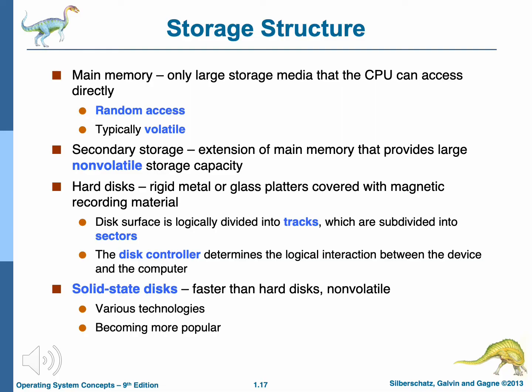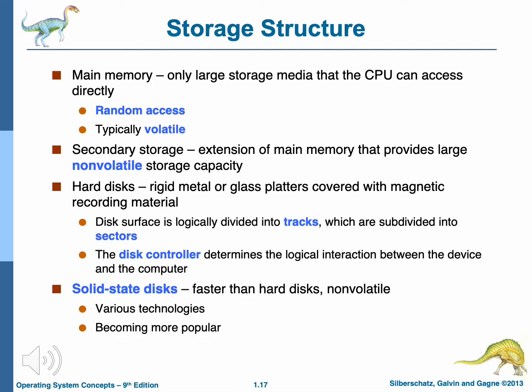All forms of memory provide an array of bytes. Each byte has its own address. Interaction is achieved through a sequence of load or store instructions to specific memory addresses.